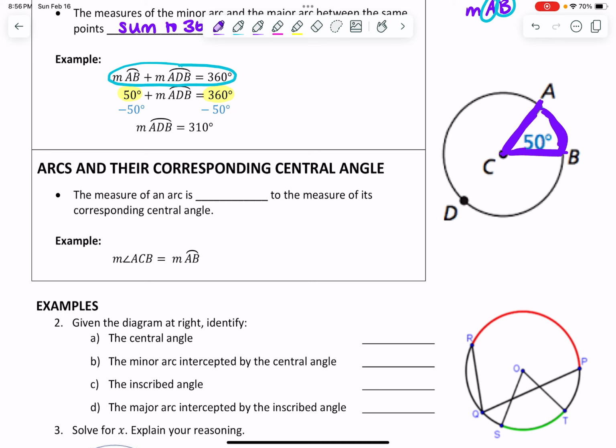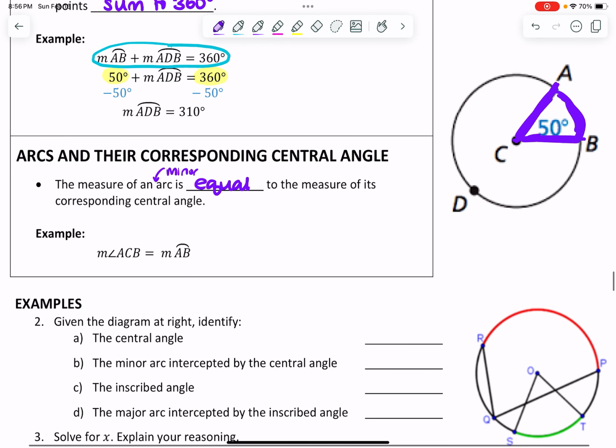The measure of that arc is equal to the measure of the corresponding central angle. I'm going to throw in the word minor here. The measure of that minor arc is equal to the measure of its corresponding central angle. So if I know that arc is 50 degrees, I could substitute that in, and I can find the measure of that angle. So a 50 degree central angle will have a 50 degree corresponding minor arc.